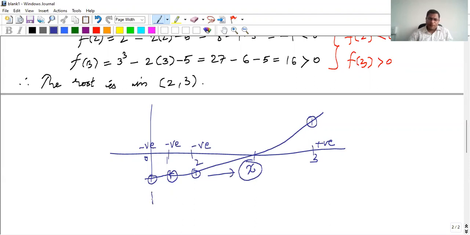So tell me whether 0 is closer or 1 is closer to x than 2. Which one is closer? 2 is closest. So that's why we have chosen the interval from 2 to 3.